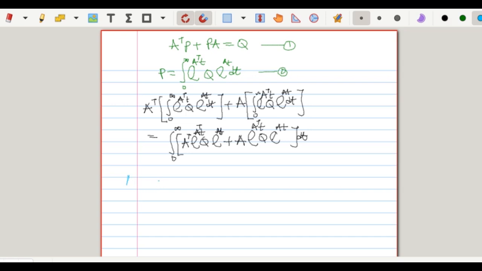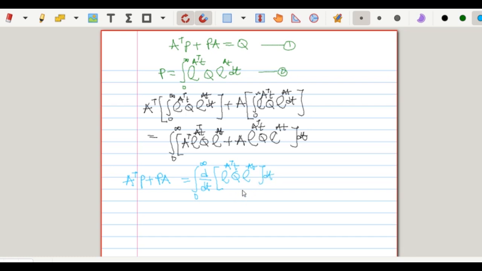Remember what we have here is A transpose P plus PA, or AP, since addition is commutative. So this is equal to the integral from 0 to infinity of d/dt of exponential A transpose T Q exponential AT dt.